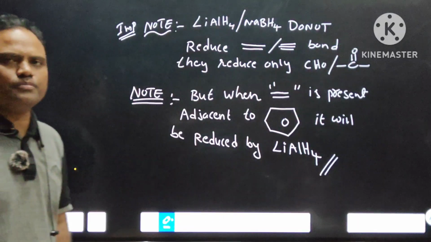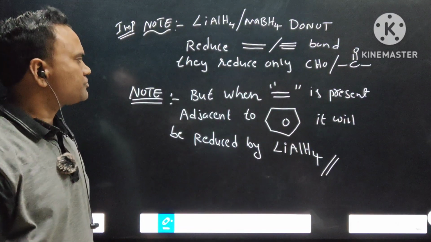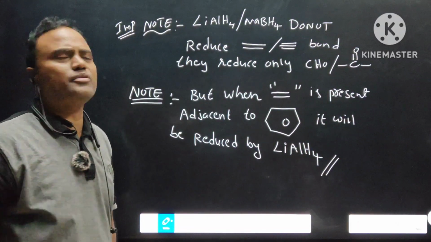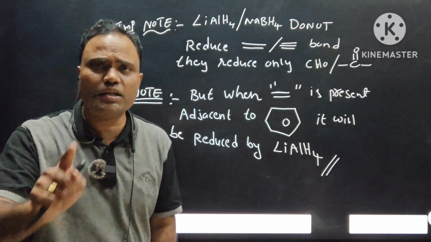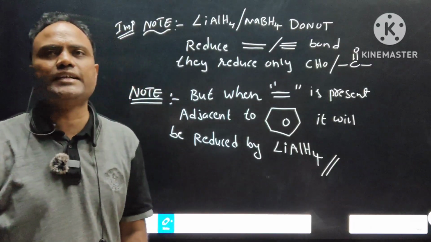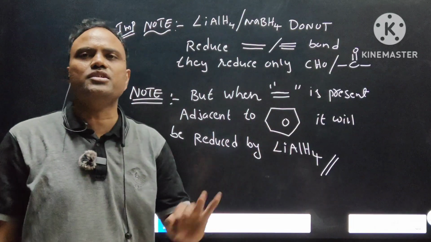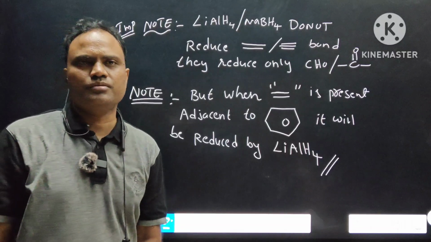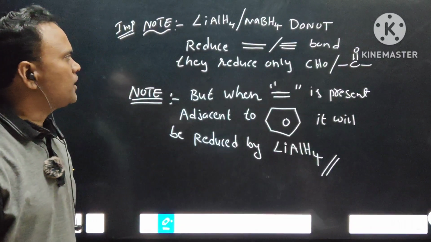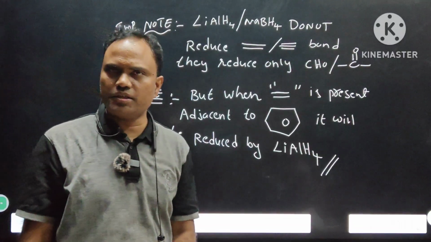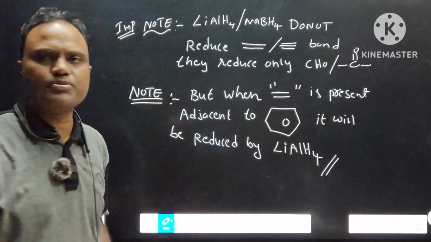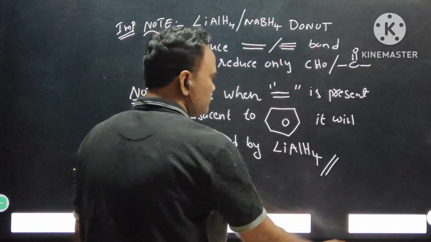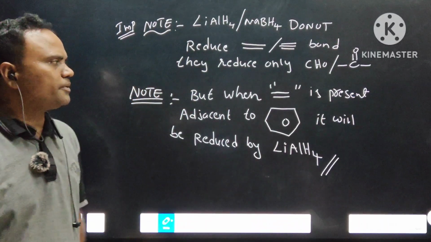Very important statement. Actually, double bond won't be reduced by lithium aluminum hydride, but when double bond is present adjacent to benzene ring, then it will be reduced. Let us see the example. I'll revise yesterday's example along with this exceptional case. Right. Shall I go to the next page?